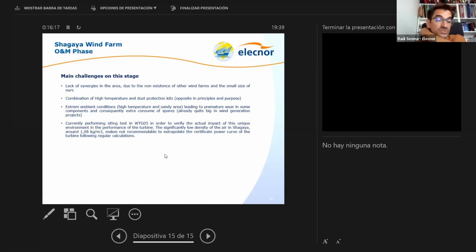Another challenge, as explained before, is that our turbine in the Shagaya project has a combination of high temperature and dust protection kits. Those are quite opposite in purpose and principles, as high temperature constantly requires opening new ways of entrance for the air and ventilation in the nacelle, and the dust protection is the opposite, you need to close the nacelle as much as possible to avoid the entrance of dust.